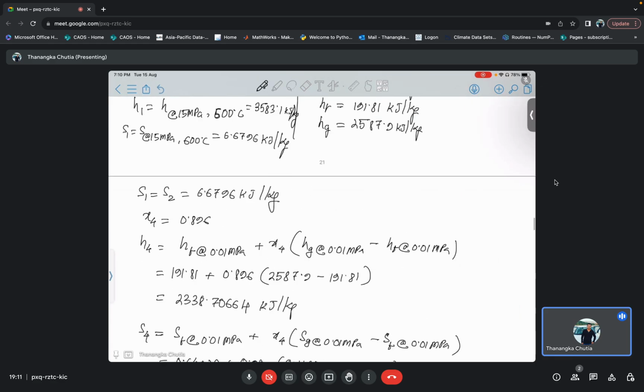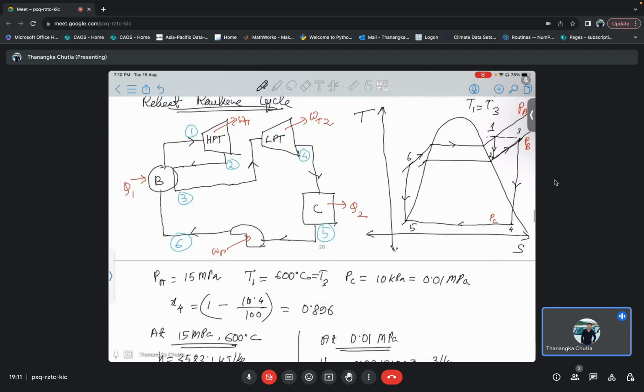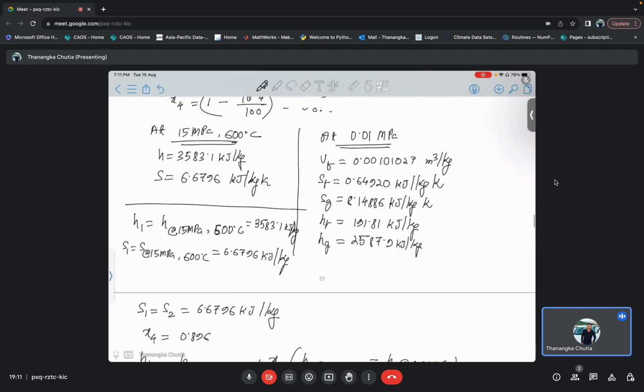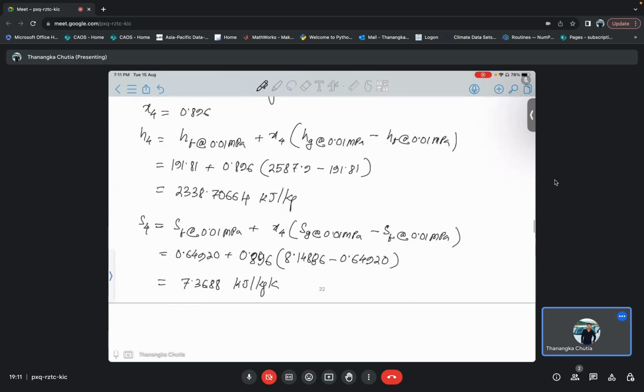Now we don't know the intermediate pressure, and we know that S3 will be equal to S4, and that is equal to 7.3688 kilojoule per kg Kelvin.